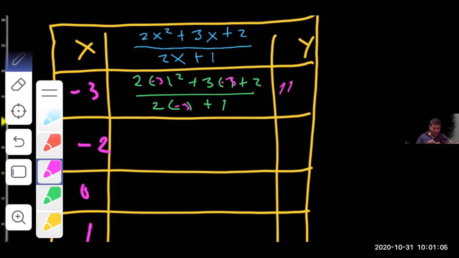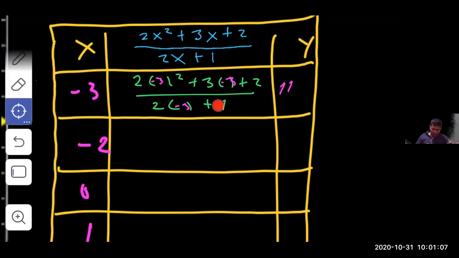Now divided by, for the denominator, I put parentheses. I open parentheses here, and I put here 2 times negative 3 plus 1, and I close parentheses. Okay, 8.6.